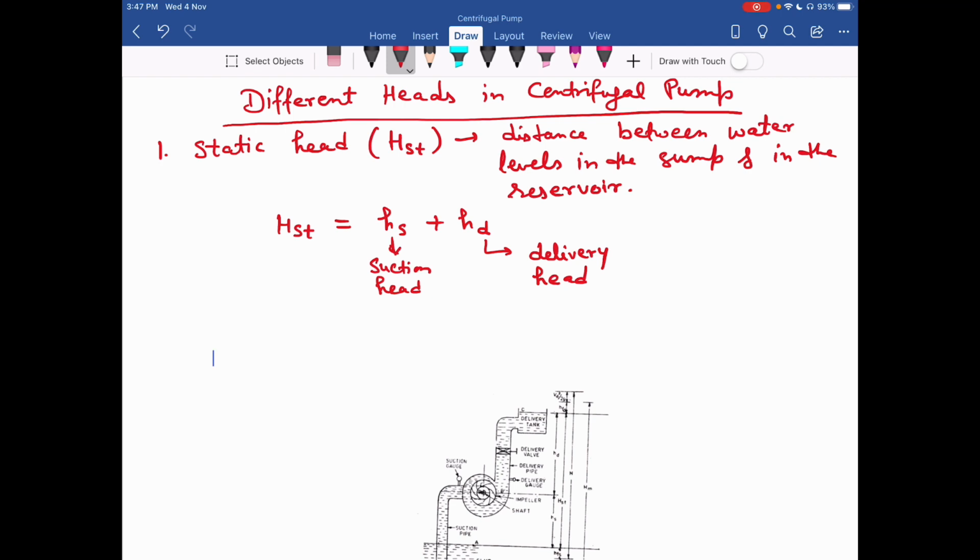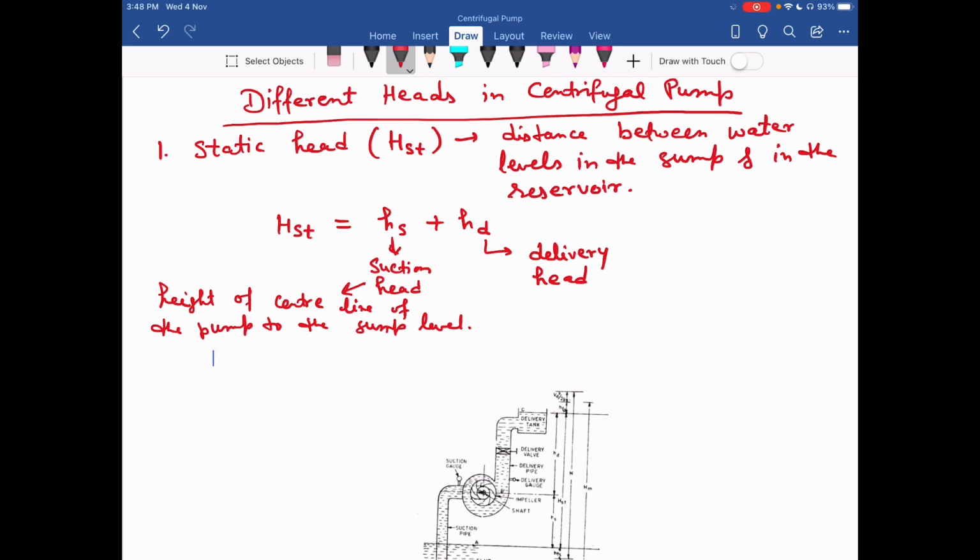Now suction head is the height of center line of the pump above the sump level. It is the height of center line of the pump to the sump level.